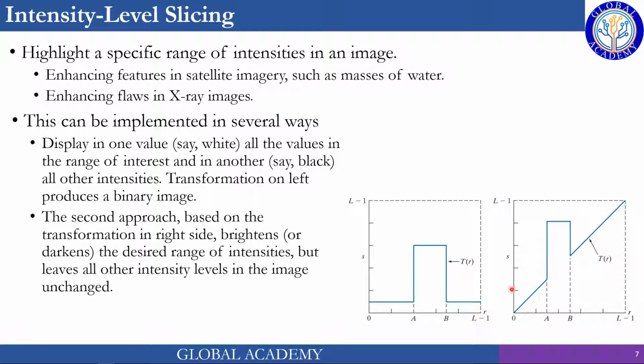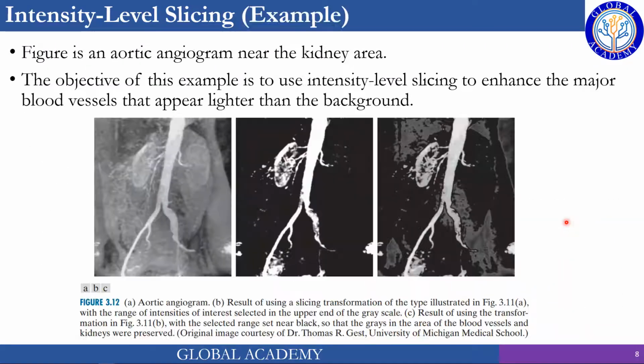So each intensity level is mapped to the same intensity level, whereas this range is masked or represented with a fixed gray level. So this is called intensity level slicing. Let's see an example.